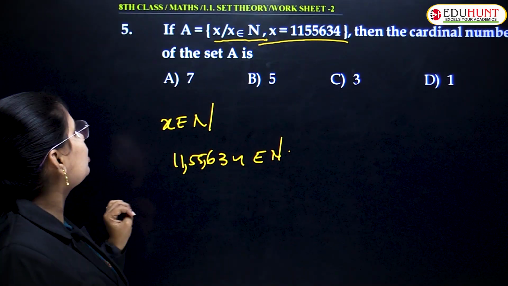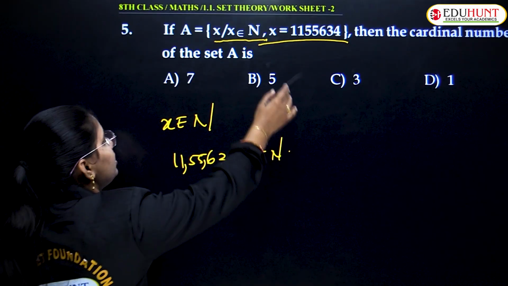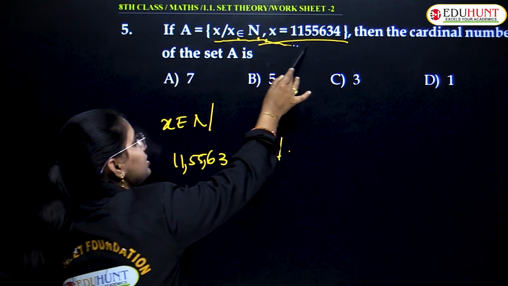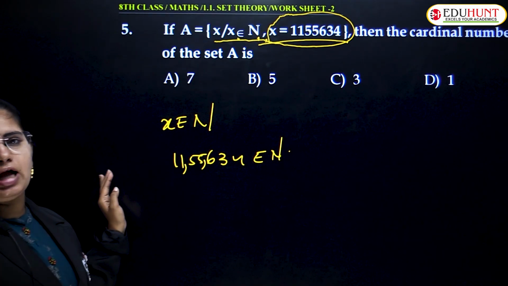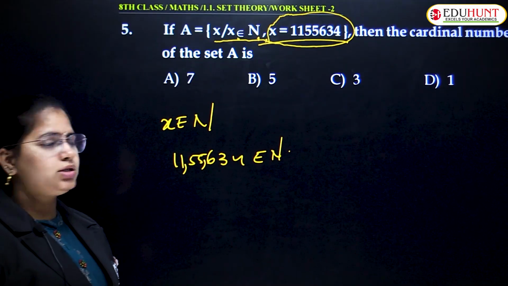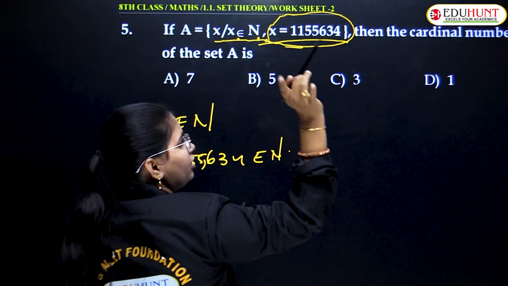Then the cardinality of the set A is? So how many numbers are you taking here? x should be a natural number. So x is given like this: 11,55,634. You are having only one number in the given set. So that means the cardinality of this set is 1, right?